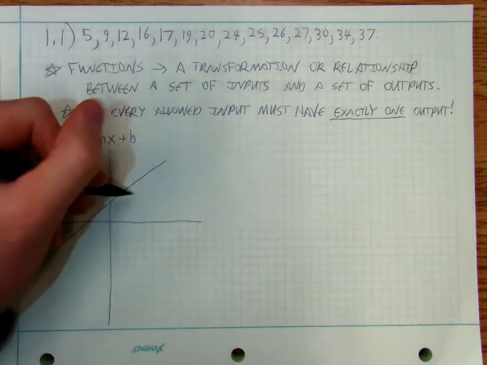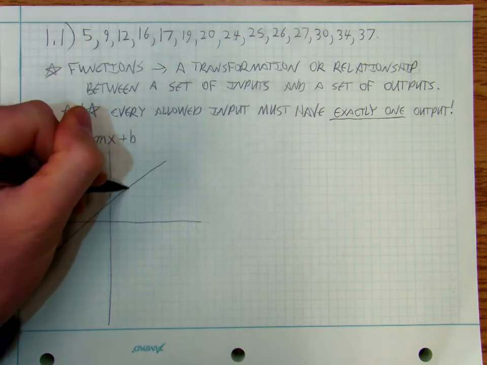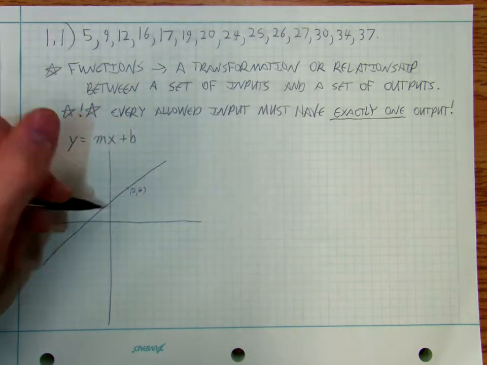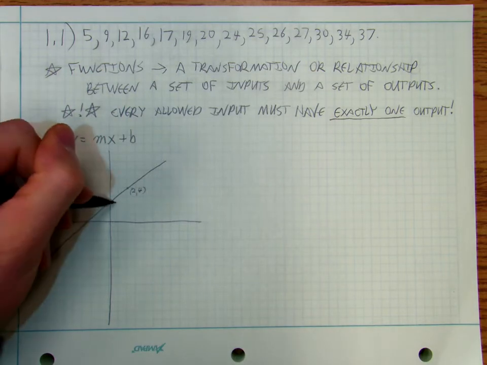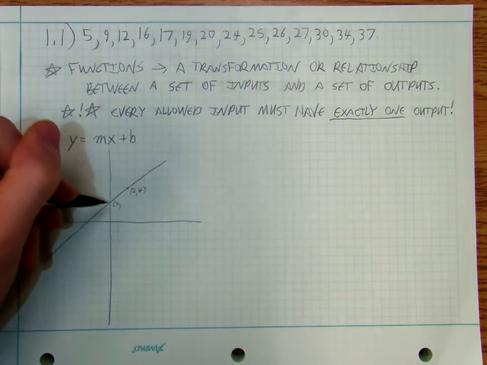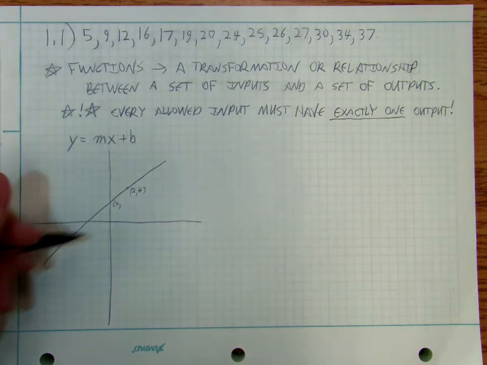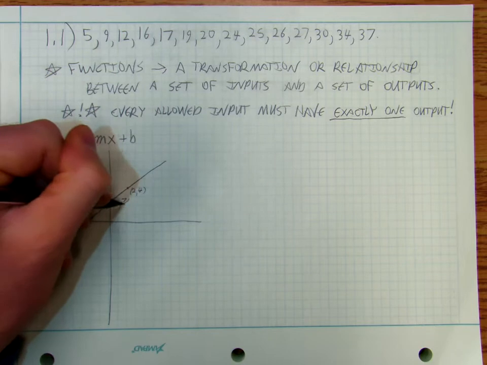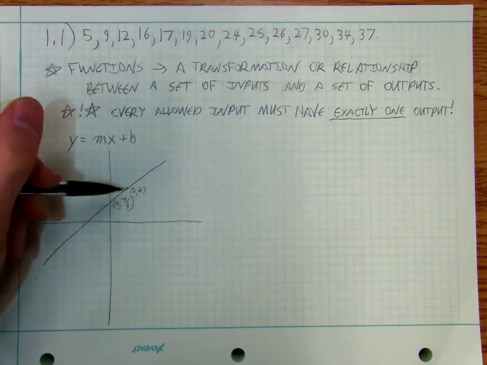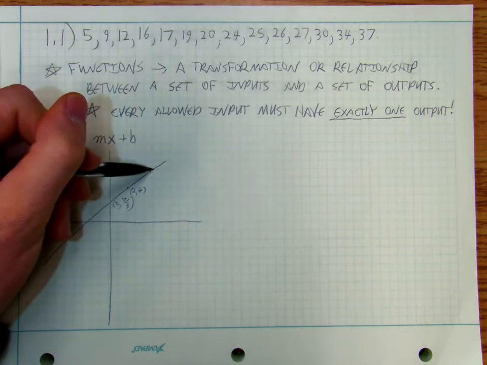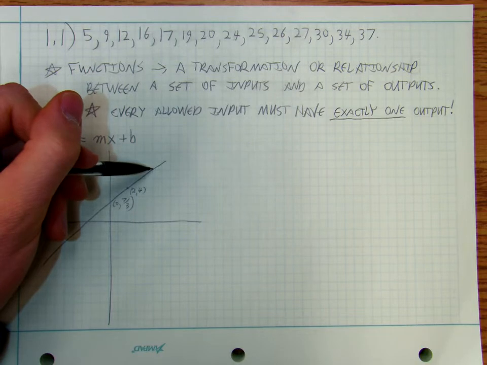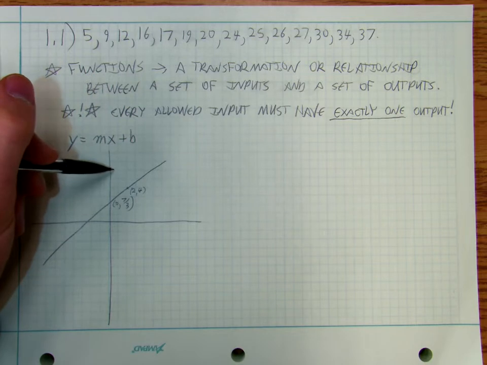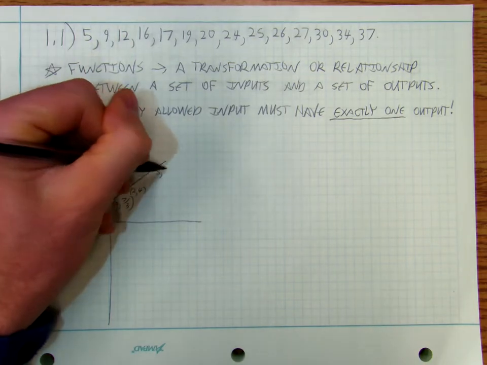And so if I look, that's the point roughly 2, 4. That's the point roughly 0, let's call it 7/3. And that's roughly the point, call that 5, 6.